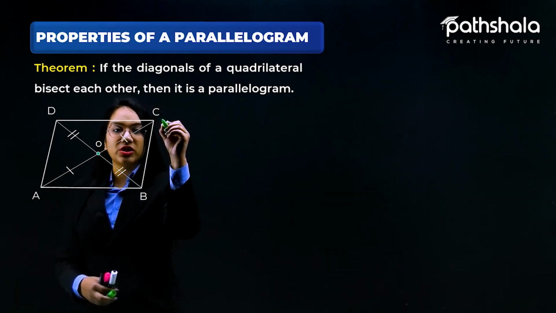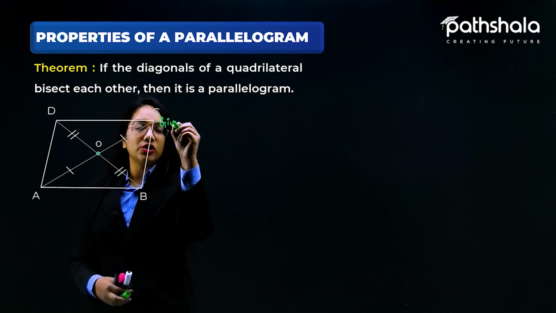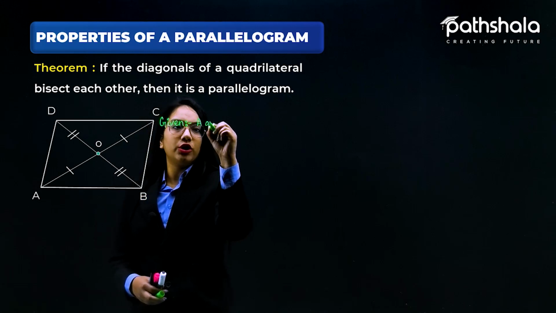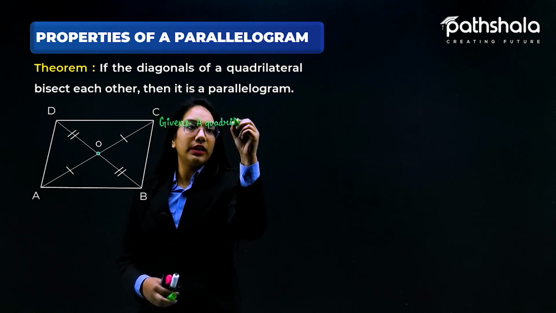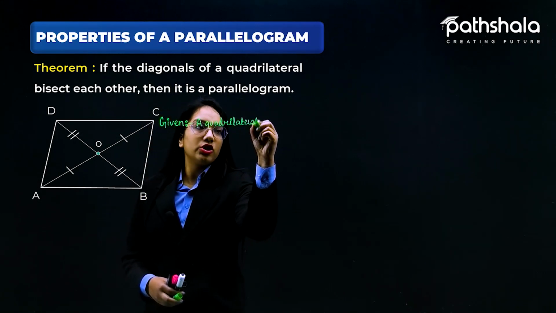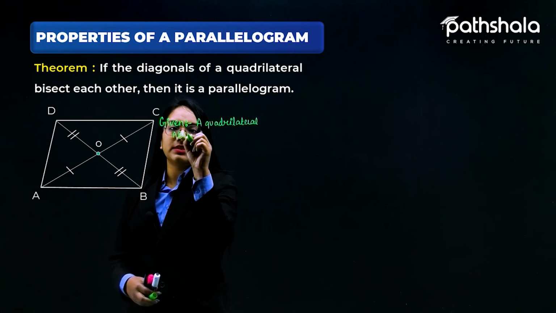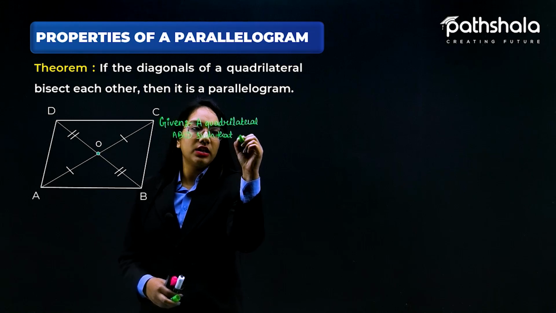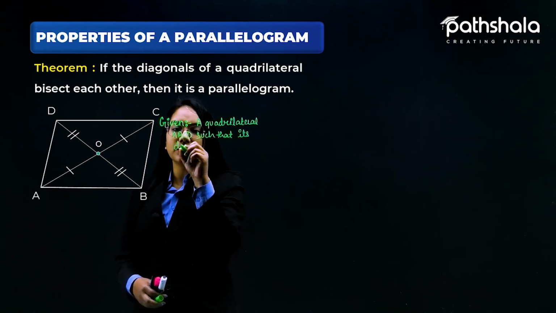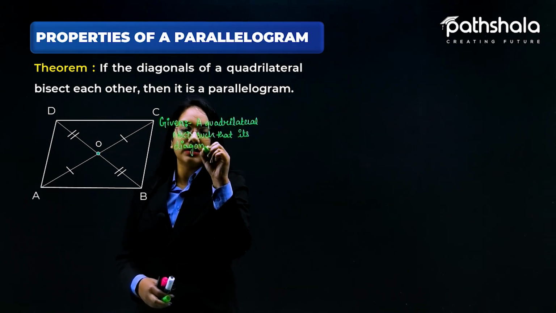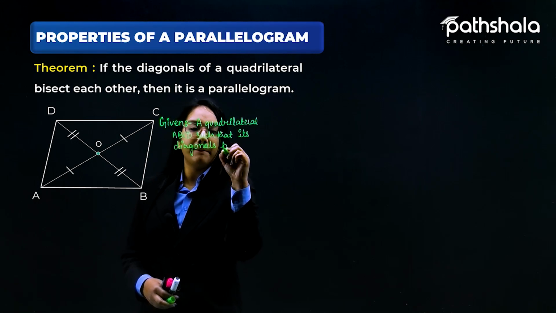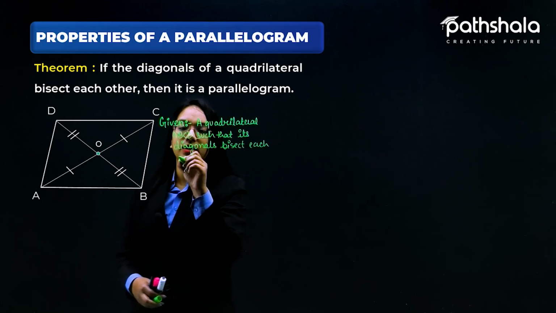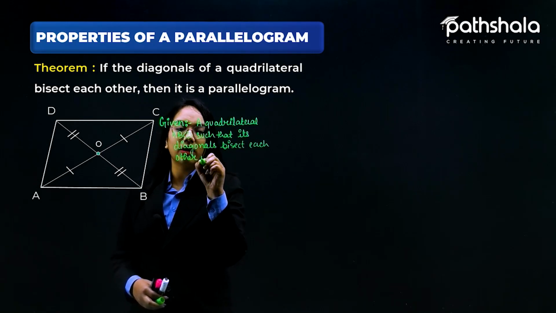So let us start with the given conditions. What is given over here? Given is a quadrilateral ABCD such that its diagonals bisect each other.